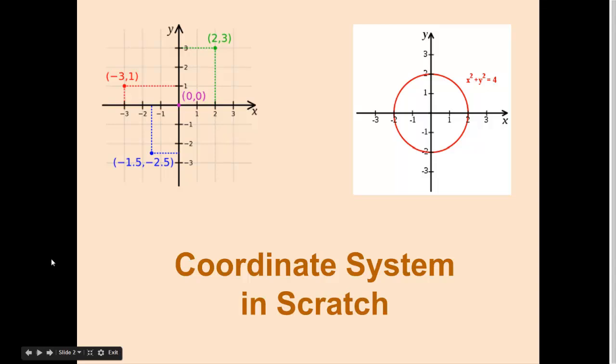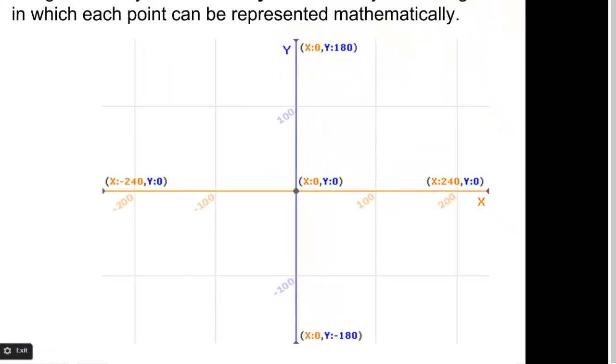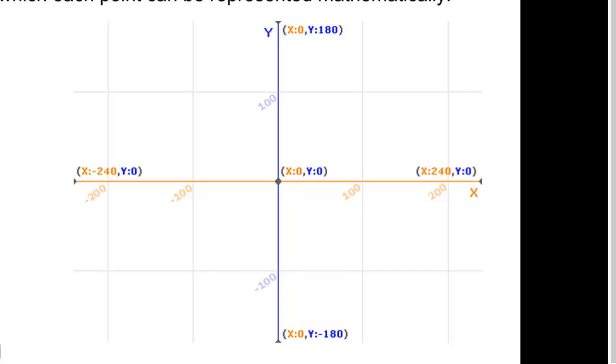The coordinate system in Scratch is the stage area. Scratch determines where your sprites appear on that stage by using an X and Y coordinate system. The system is a grid in which each point can be represented mathematically.